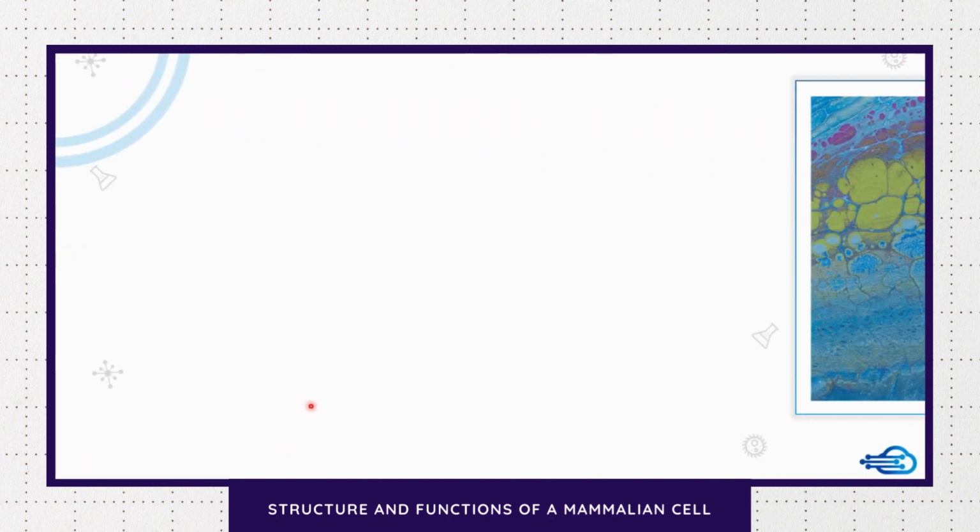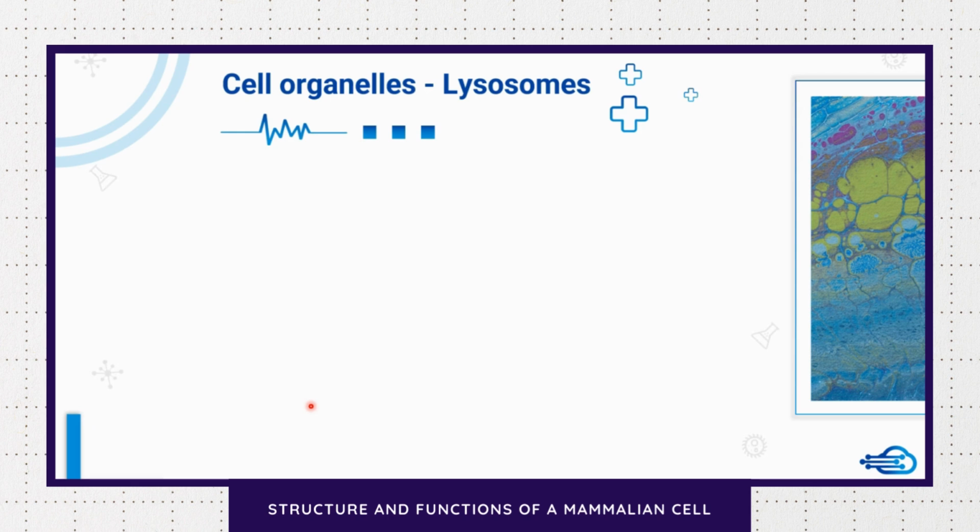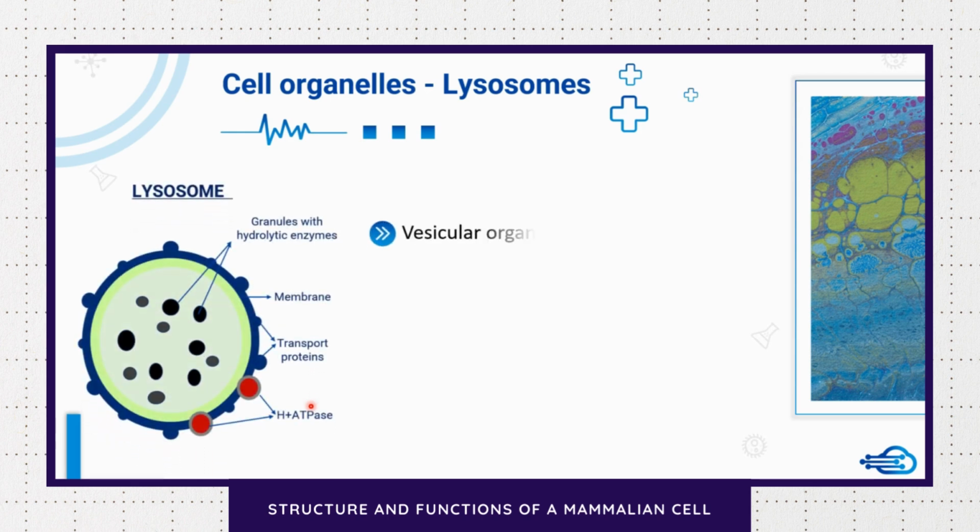The next organelle which we will consider is lysosomes. Lysosomes are vesicular organelles, and they contain granules with hydrolytic enzymes. All these enzymes are basically acid hydrolases. That means they act in an acidic environment. So, lysosomes have to maintain an acidic environment inside for these enzymes to be active.